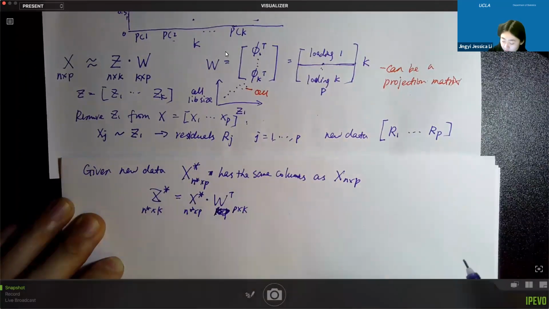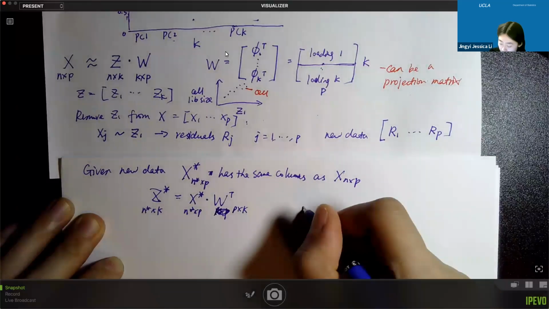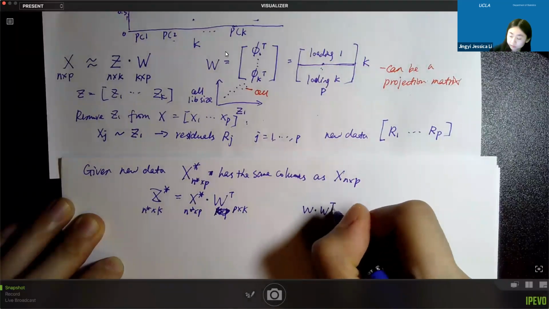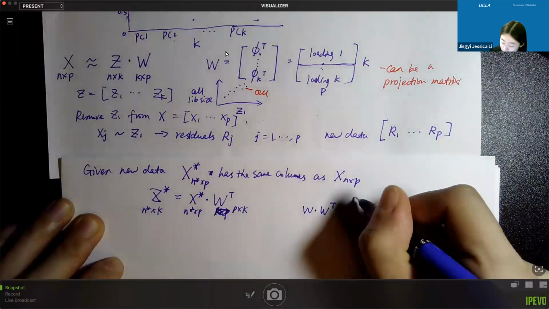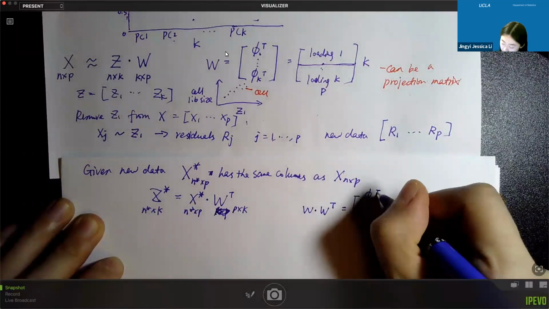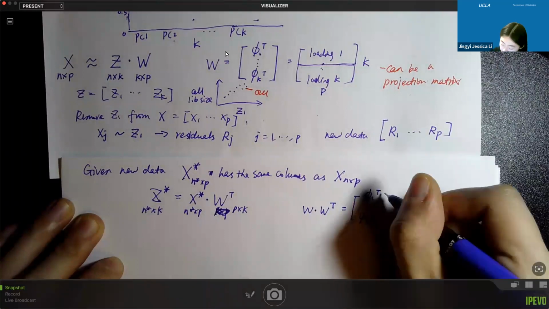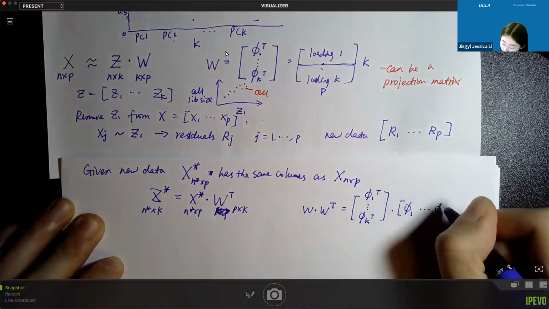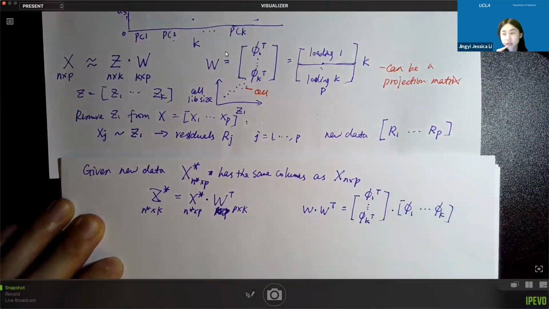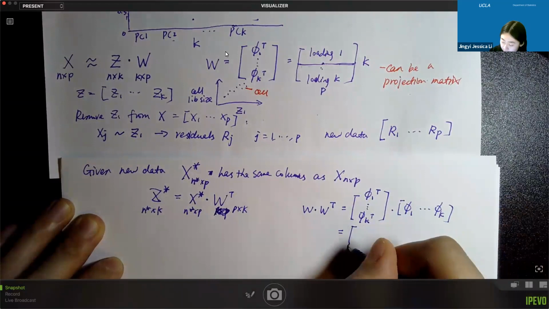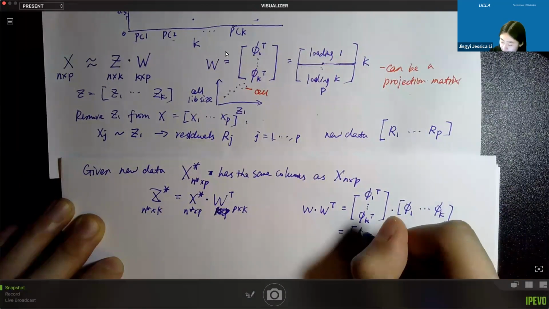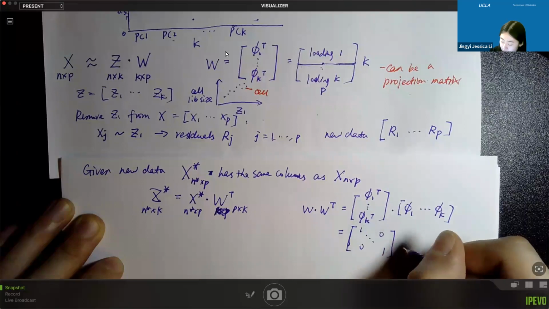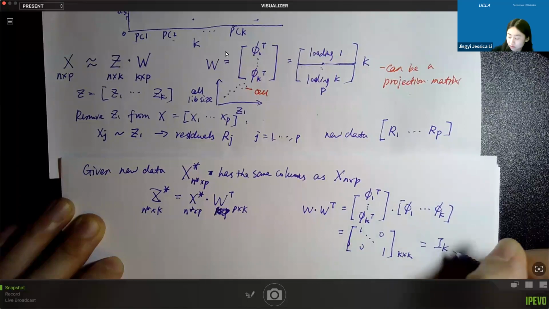So what you will have is, when you do W times W transpose, in other words, phi 1 transpose to phi k transpose times phi 1 to phi k, this will actually give you a diagonal matrix with ones in the diagonal and 0 elsewhere. So this is a k by k matrix, or we can write it as an identity matrix of k dimensions.